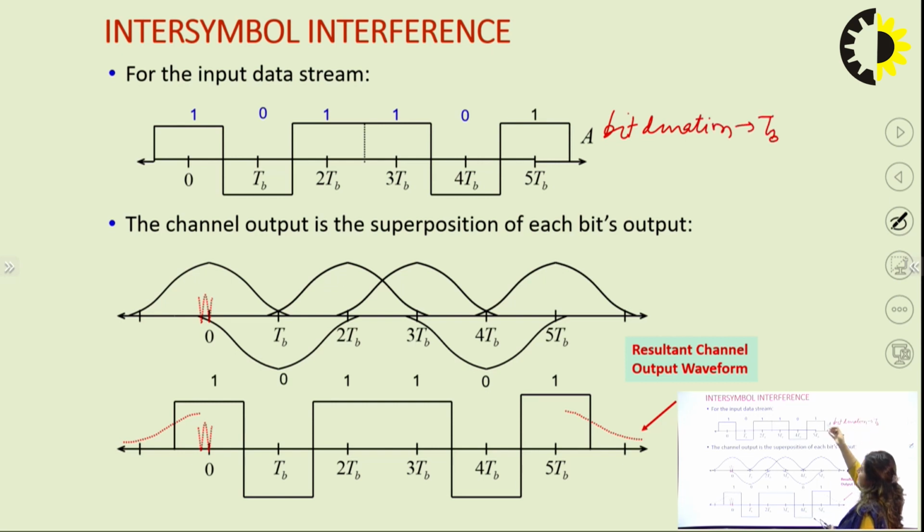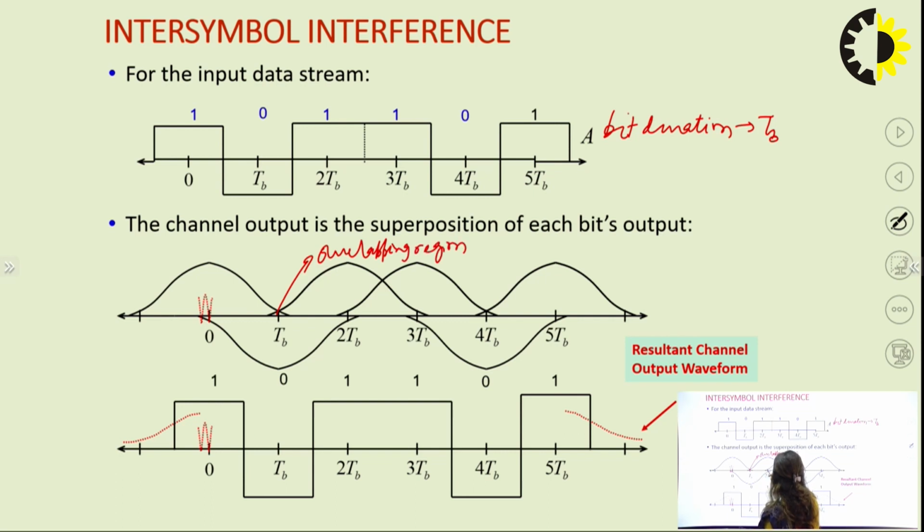For the data sequence we are sending from the transmitter, the bit duration is TB, but as the data gets into the channel, it gets spread, and that spreading makes the bit 2 TB, or twice the bit duration at the transmitter. Here the data pattern gets spread and the width becomes 2 TB. Obviously, whenever the bit becomes 2 TB, there will be overlapping. This is your overlapping region.